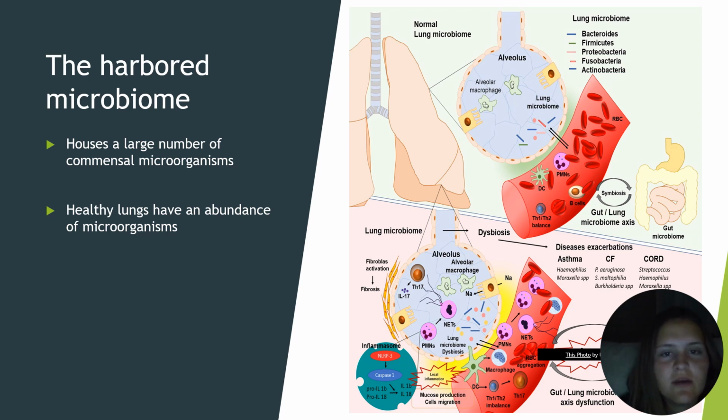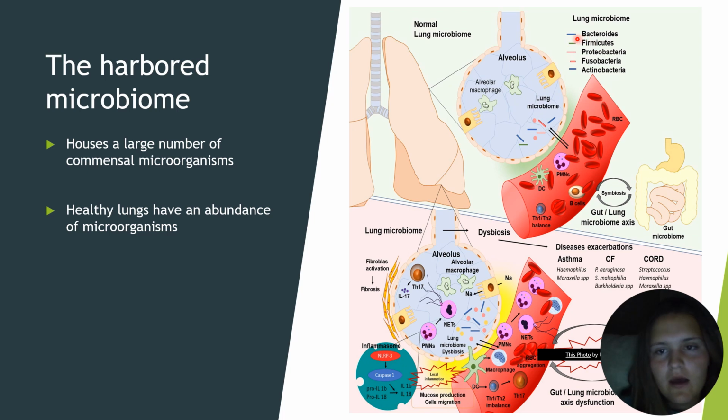So this is the microbiome that your lungs harbor. It houses a large number of commensal microorganisms. Healthy lungs have an abundance of microorganisms, either good or bad. So I just put a little picture up here. So you have your normal lung microbiome.